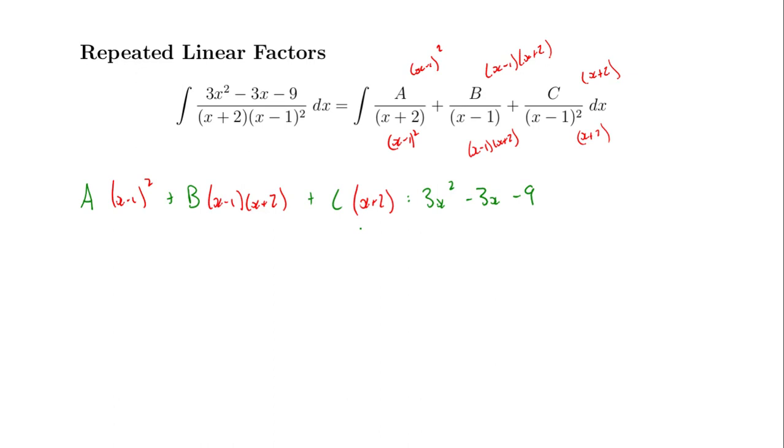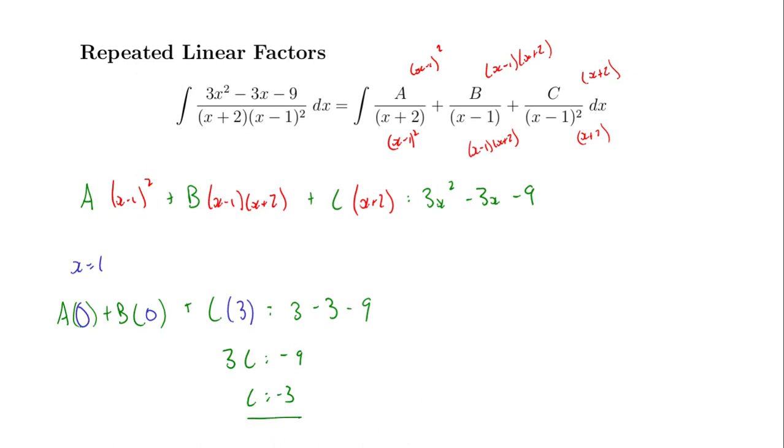Notice if you put in an x value of 1 into this, then we get a times 0 plus b times 0 plus c times 3 equals 3 minus 3 minus 9. And this gives us 3c equals negative 9. c is equal to negative 3.